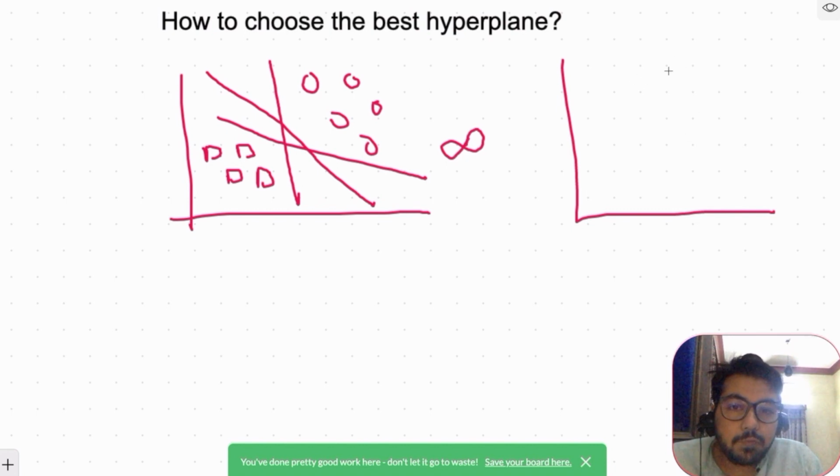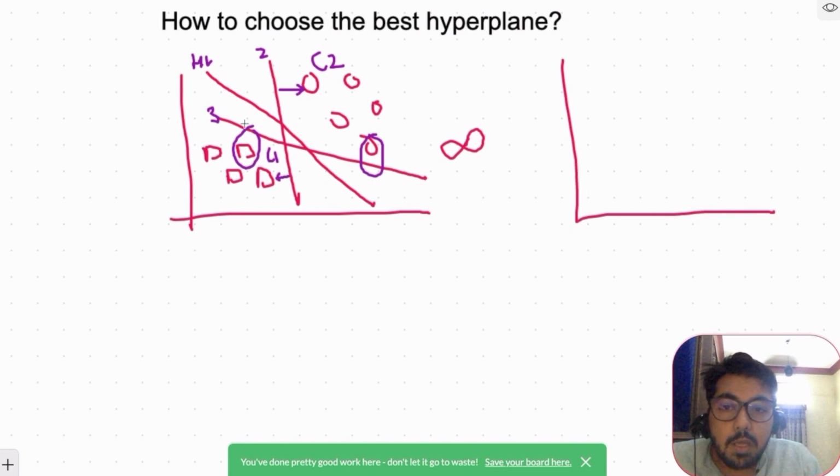For example, if I consider hyperplane 1, hyperplane 2 and hyperplane 3, then hyperplane 2 is closer to this point in class C2 and closer to the point in class C1. Similarly, hyperplane 3 is much closer to class C2 and much closer to class C1. But hyperplane 1 is very far from both of the classes. So the margin provided by hyperplane 2 is maximum.